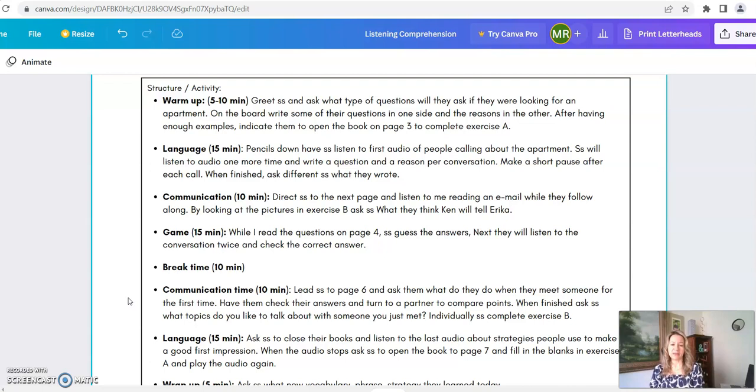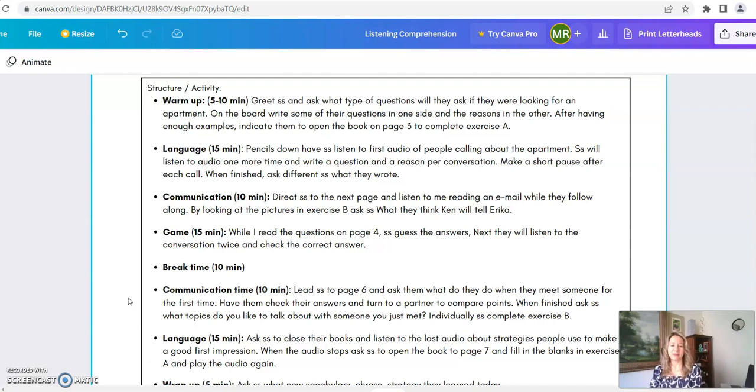After having enough examples, indicate to them to open the book on page 3 to complete exercise A. It is very important to have a warm-up activity at the beginning of the lesson, just to get the students started in their minds and physically too.